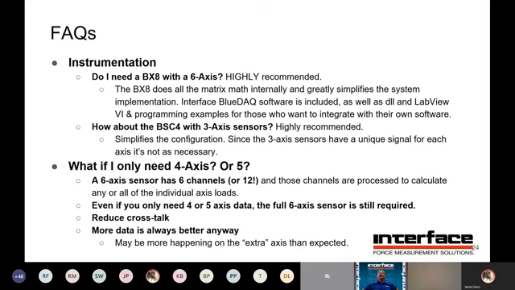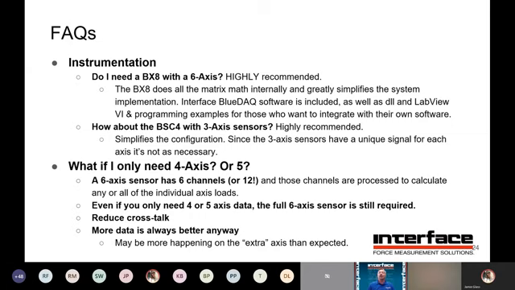But it runs the calculations internally and scales its own analog outputs. So instead of having 6 signals that you have to deal with and figure out what the actual axis loads are, the output from the BX8 is just, say, plus or minus 10 volts equals FX, FY, FZ. So it turns it into 6 discrete sensors, essentially.